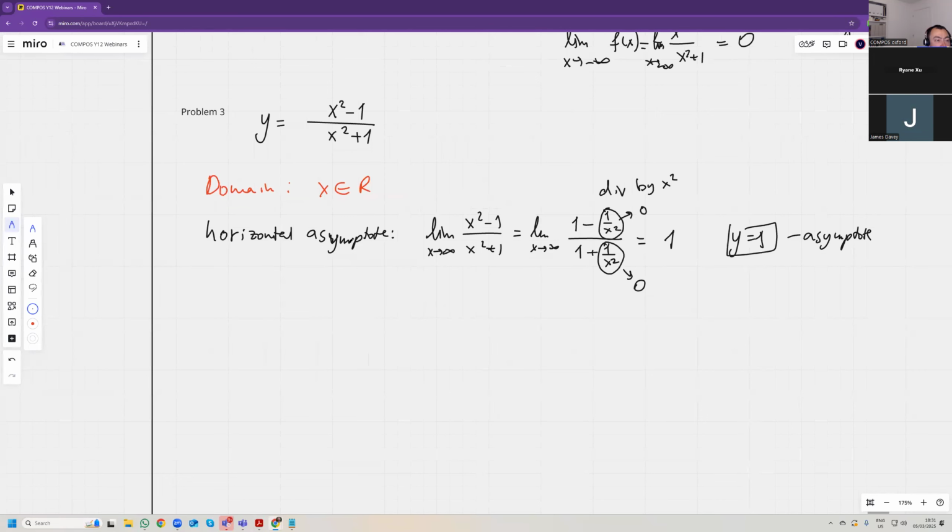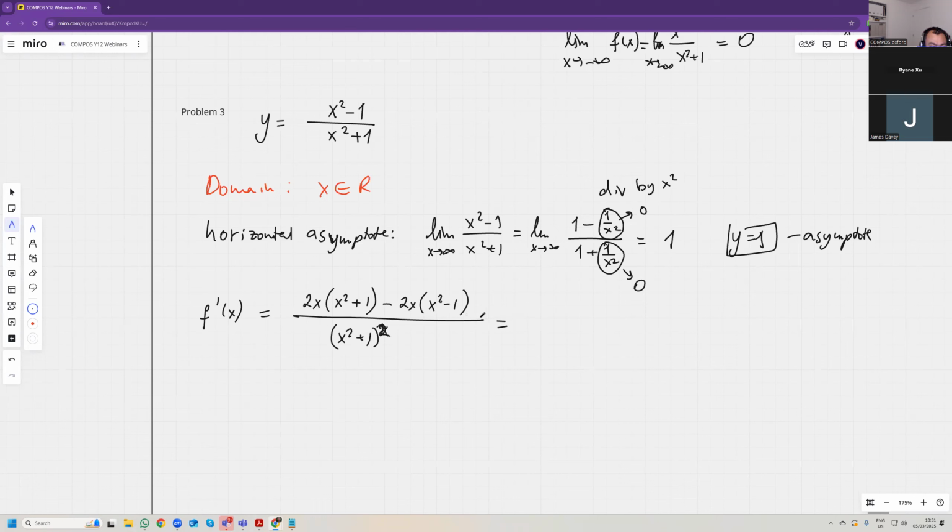Nice. What else can we do? Can we find the derivative? Yes, of course. We find the derivative, and this is 2x multiplied by x squared plus 1 minus 2x times x squared minus 1, over x squared plus 1 to the power 2.